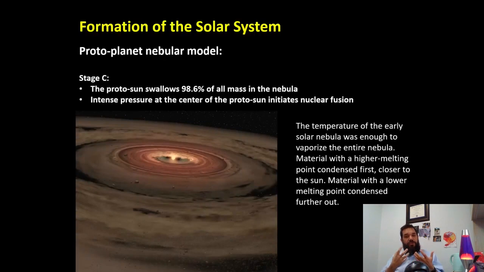And once the pressure built up so much in the center because of the intense amount of material that had accreted together there, that kick-started and ignited the sun and initiated hydrogen fusion in the sun. That hydrogen fusion is what continues today and provides all the energy for our solar system.